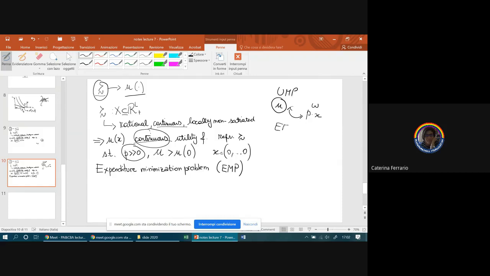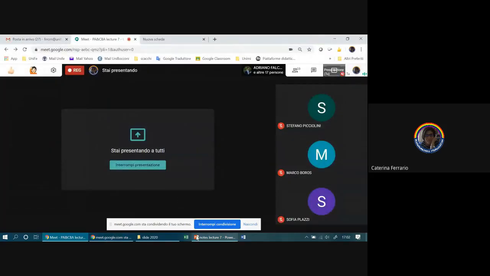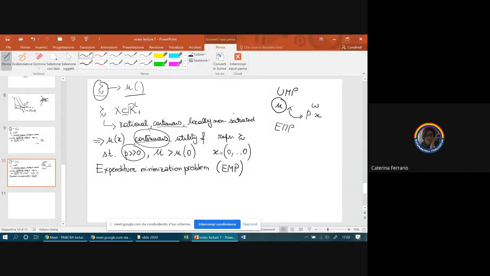In the expenditure minimization problem, the objective function is total expenditure, no more the utility function. So we want to minimize expenditure subject to the fact that we want to reach a given level of utility. So we have reversed, as you see, the roles of objective function and constraints.